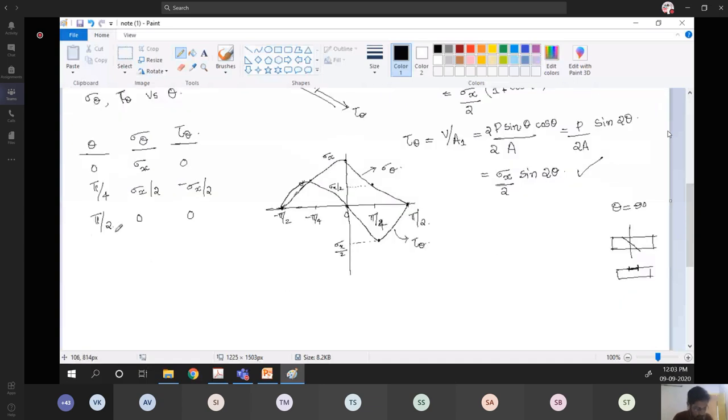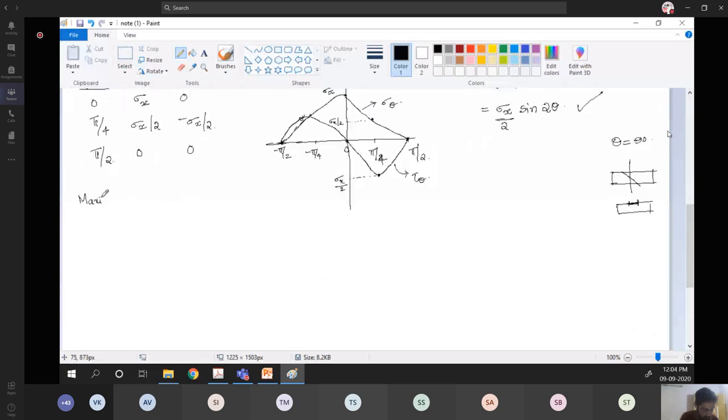The maximum normal stress equals sigma x, and it happens at theta equal to 0.